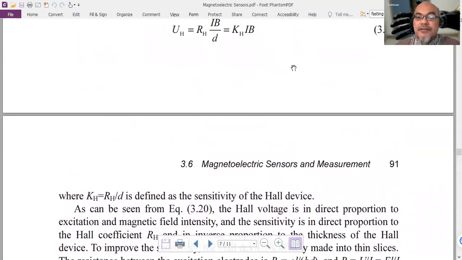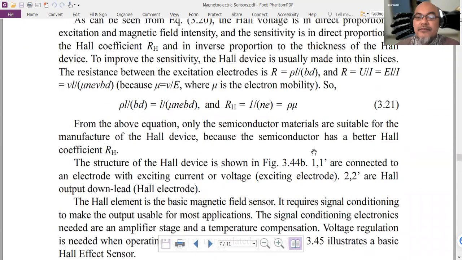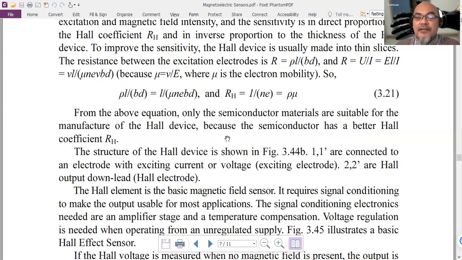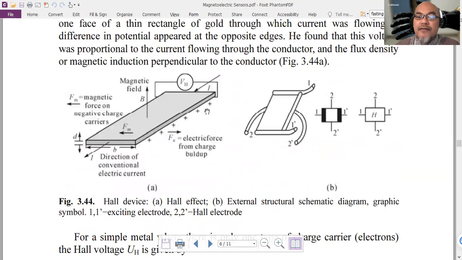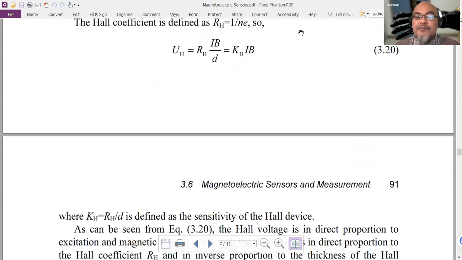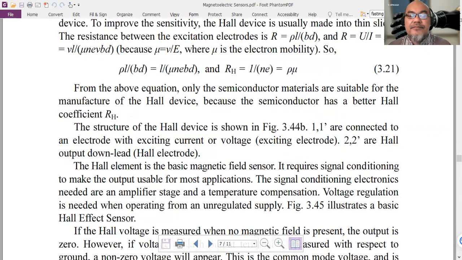The structure is as shown here in the figure. 1 and 1 dash are connected to an electrode with exciting current or voltage. So at the two ends of the long conductor is the exciting current, and then the voltage is probed at the edge of that long conductor, the Hall output at the Hall electrode.